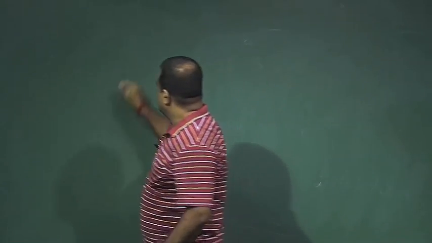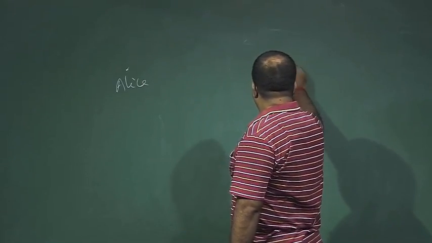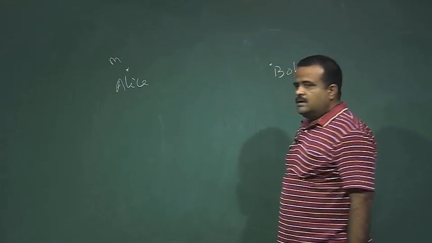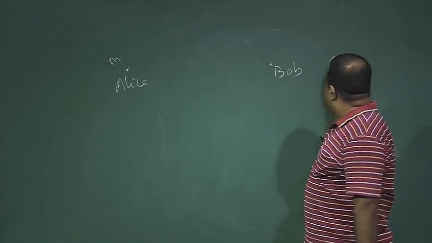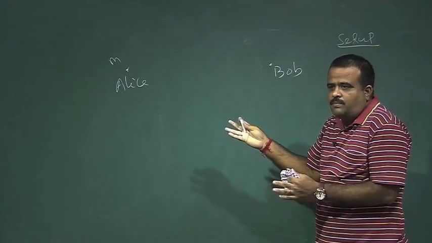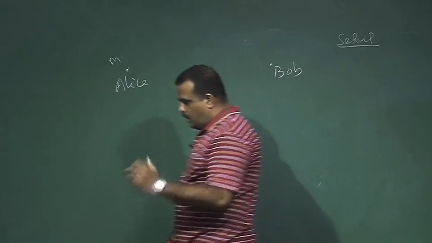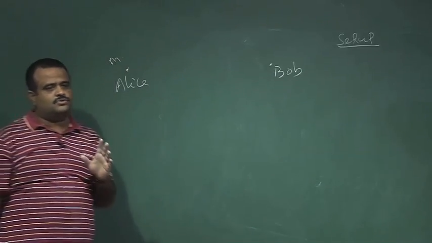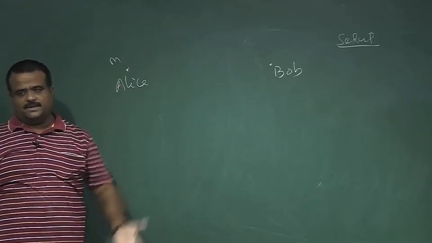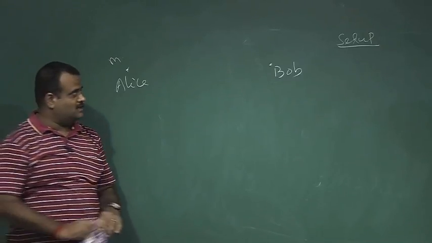Suppose Alice wants to send a message to Bob. So Alice has to get the public key of Bob. That means Bob has to generate his public key private key pair, and Bob has to make his public key public. This setup has to be done by Bob, because Bob has to receive the message.